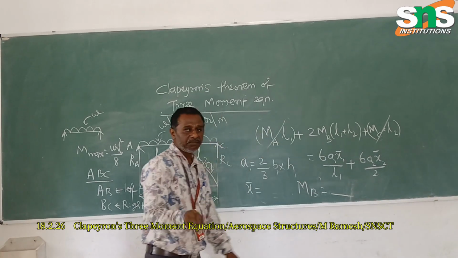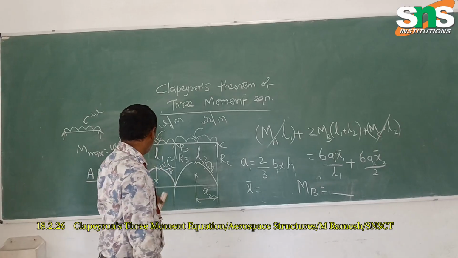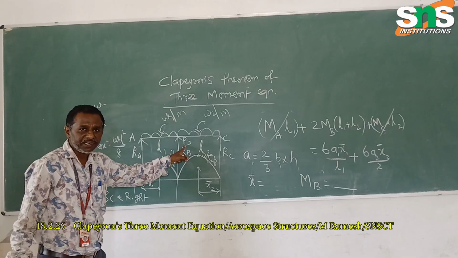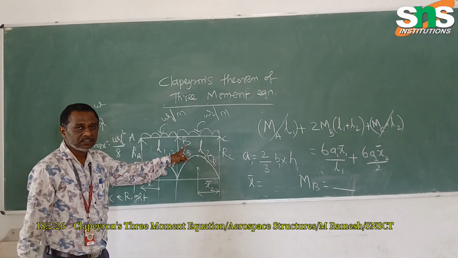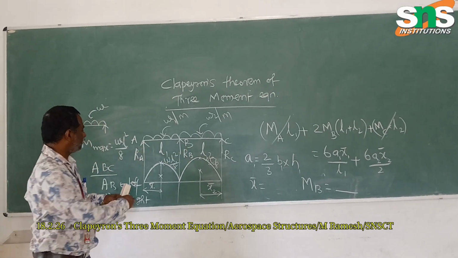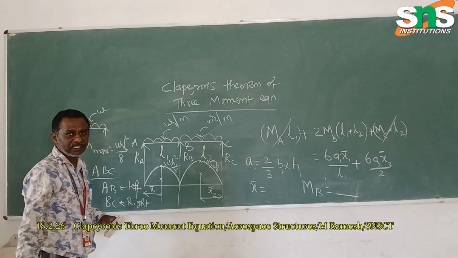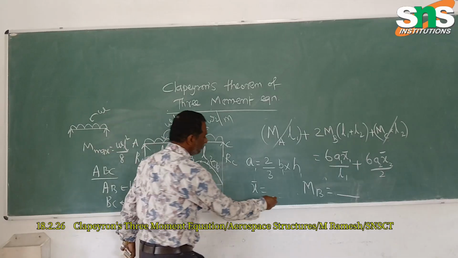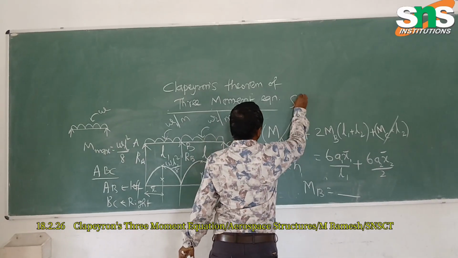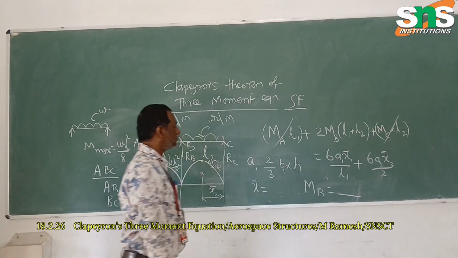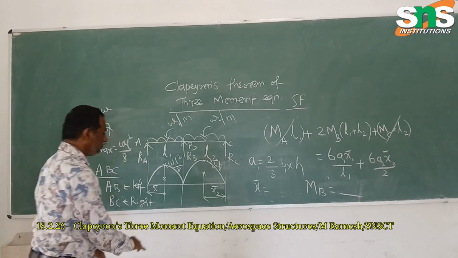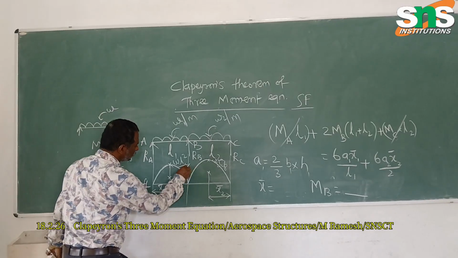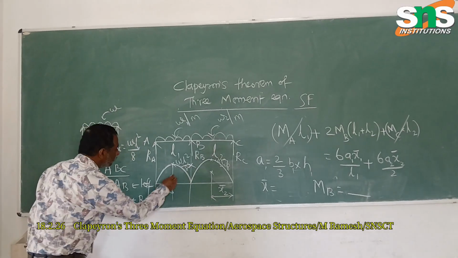After finding MB, we can find the other things, that means the reactions. Take moments about point A and find the shear force values. You can take either the left or right side. Whatever shear force conditions you are going to take, you just apply. If MB is equal to some value, you just put it and directly join.